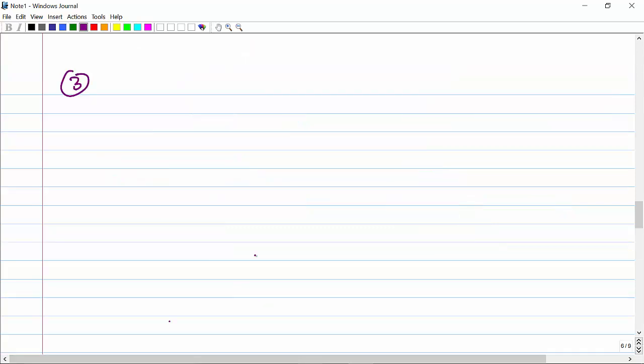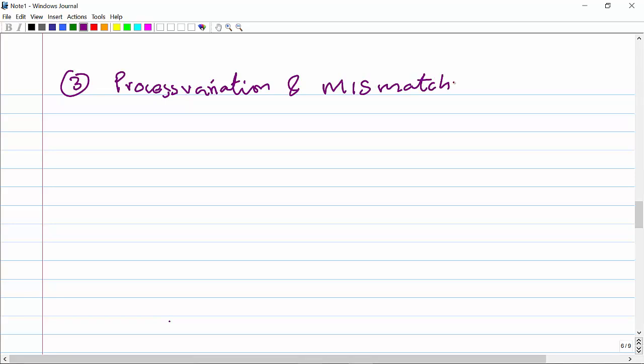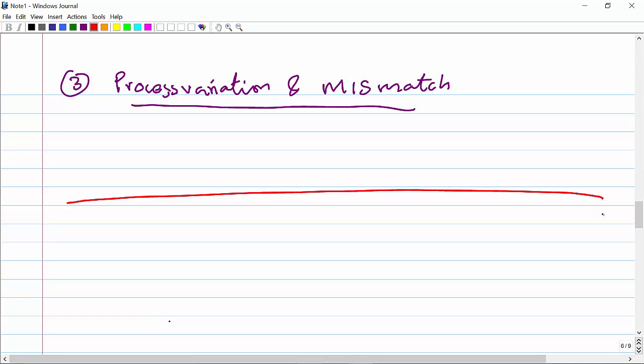The third option is to simulate with process variation and mismatch. So if you select this option, we have the fast corner here, we have the typical corner here, and we have the slow corner here.